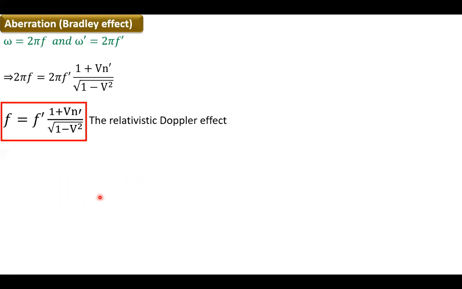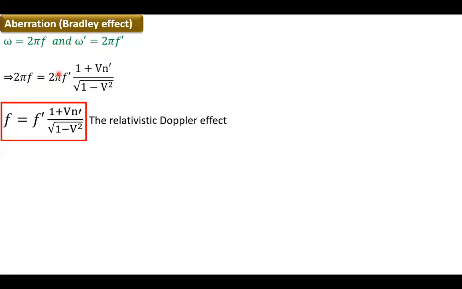If you turn this into frequencies, you know your angular frequency omega is 2 pi f, and omega prime is 2 pi f prime. So you replace your omegas by 2 pi f and f prime. So 2 pi f is equal to 2 pi f prime times 1 plus v n prime over the radical of 1 minus v squared.